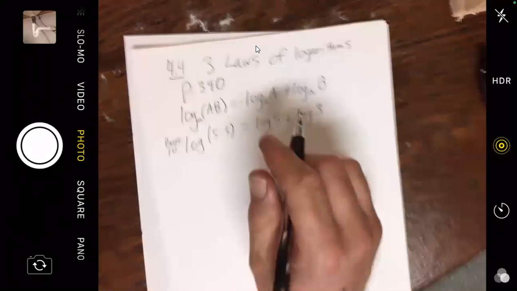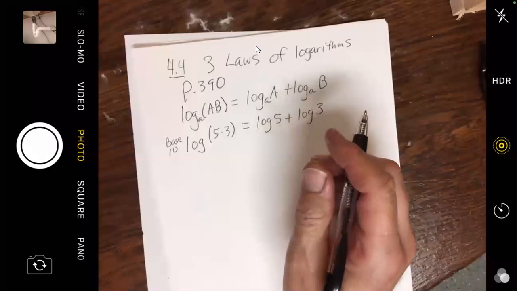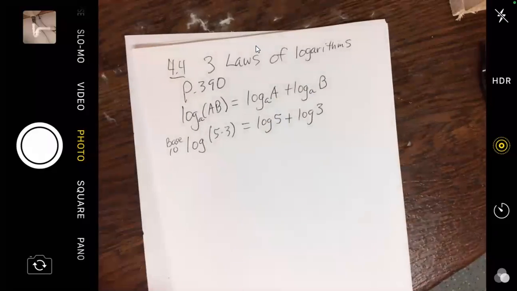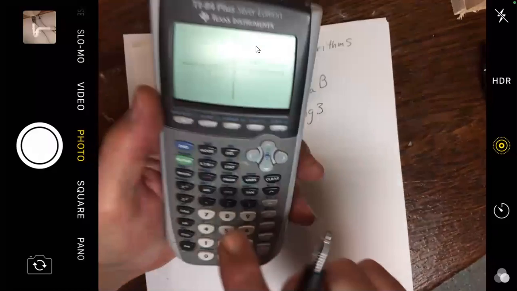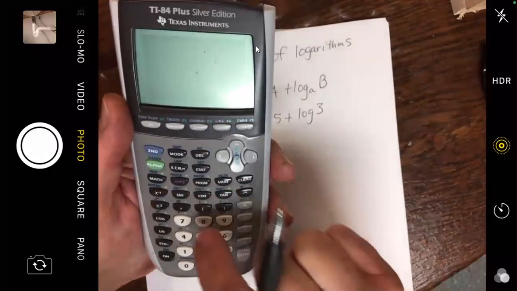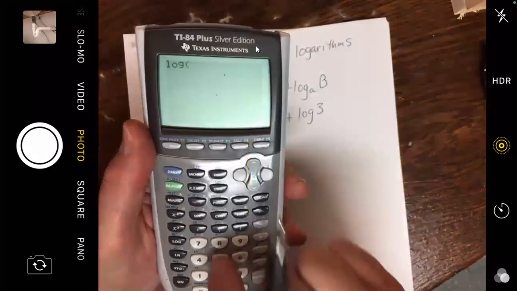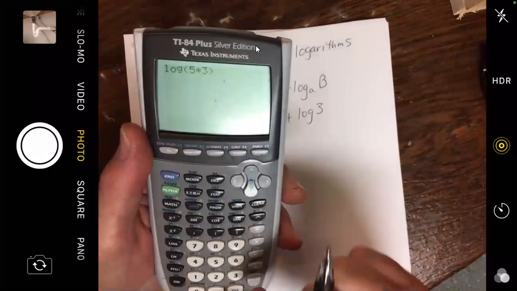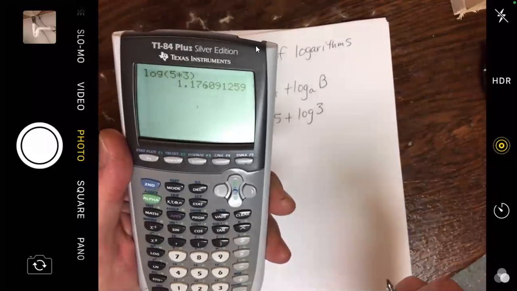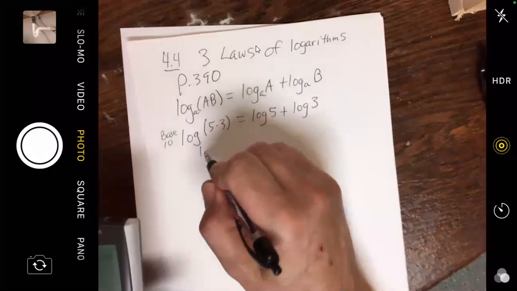See if this will convince you. Log of 5 times 3: punch 15 and you get 1.17609.